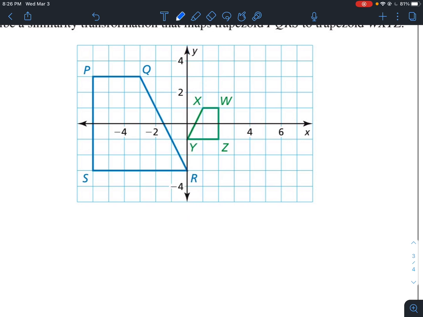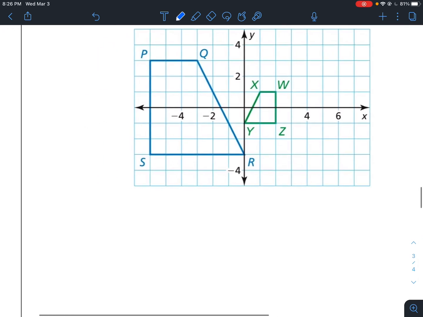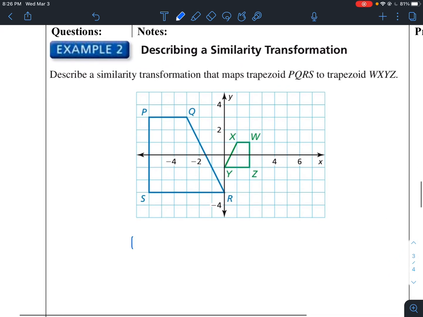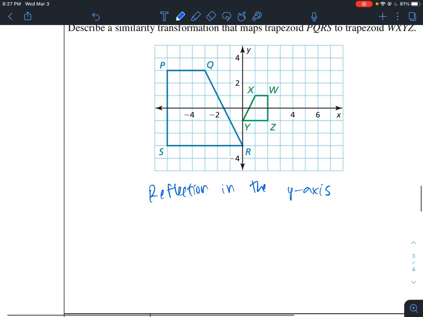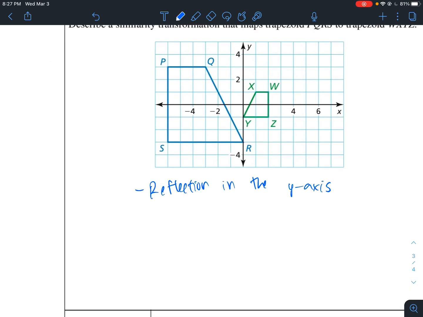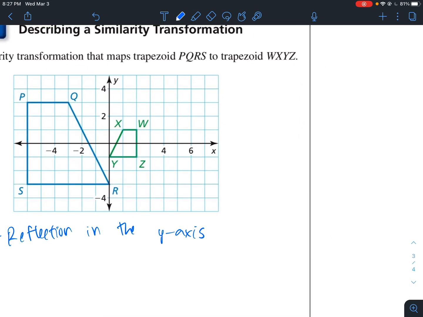So I'm going to first state that it's a reflection in the y-axis. Alright, so basically now let's see what happens when I reflect it in the y-axis.